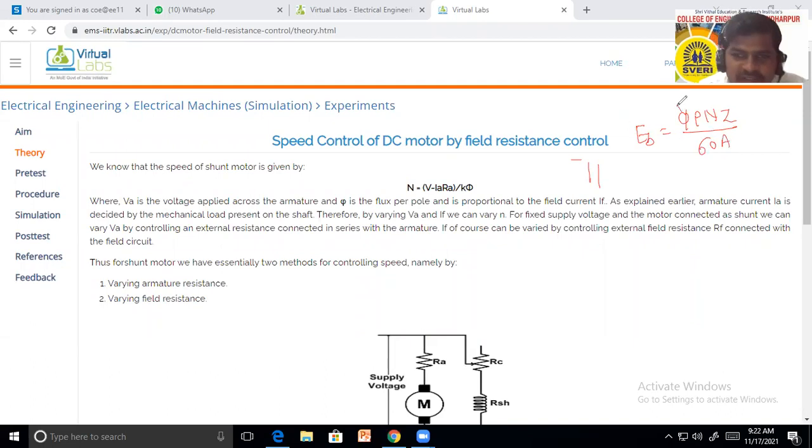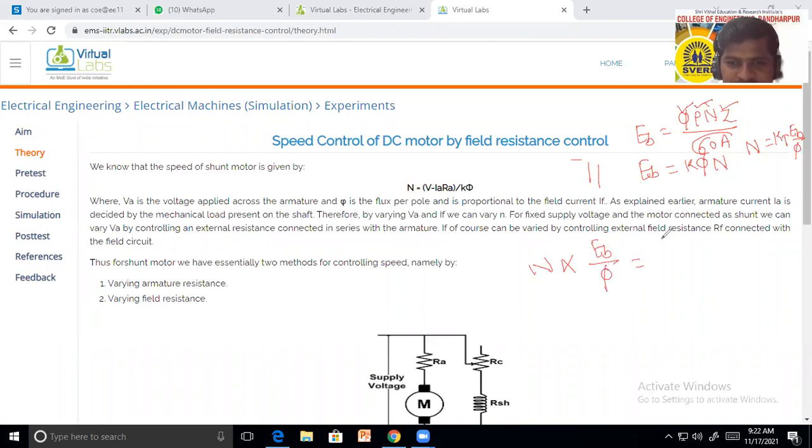If the flux, the number of conductors of the machine, and the number of poles of the machine are constant, then Eb is equal to K φ N. Similarly, if we write it in the form of speed N, it is equal to constant K, then Eb divided by φ. So the speed N is directly proportional to Eb divided by φ.